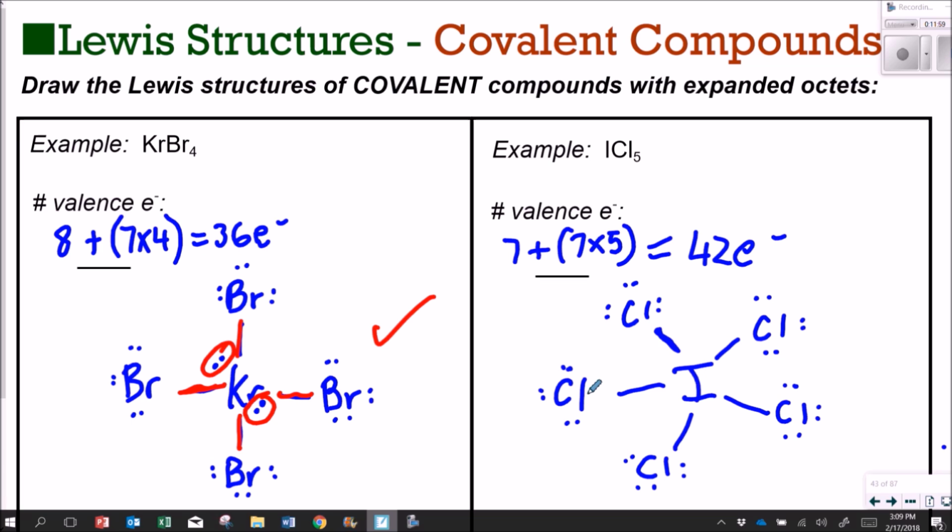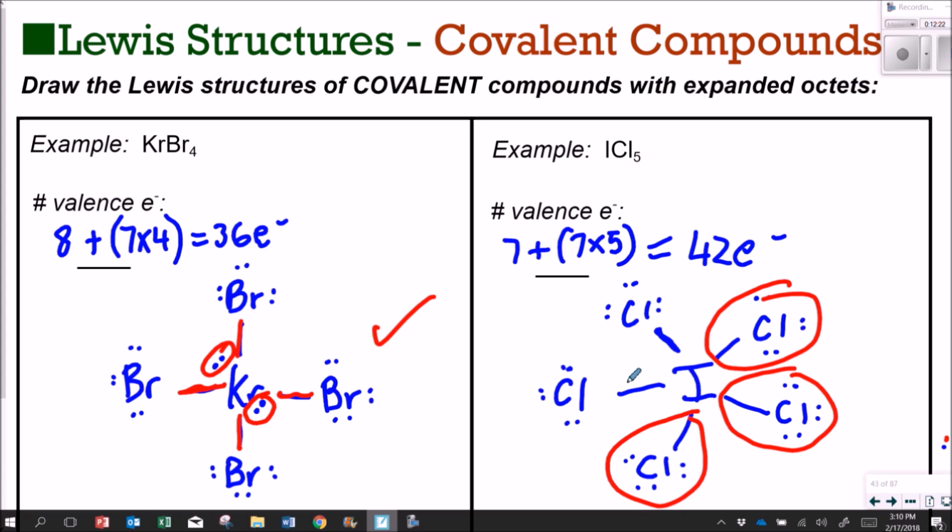Now again, if we count how many electrons we have used up out of the 42, we have 8, 16, 24, 32, and 40. So we have used up 40 out of the 42 electrons.